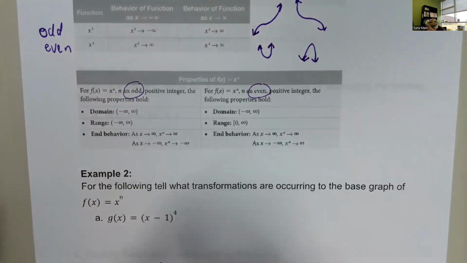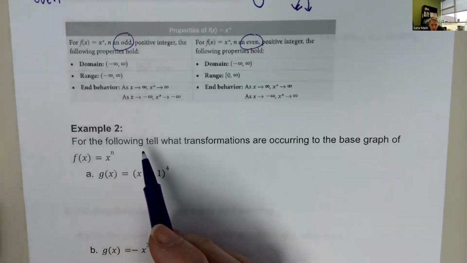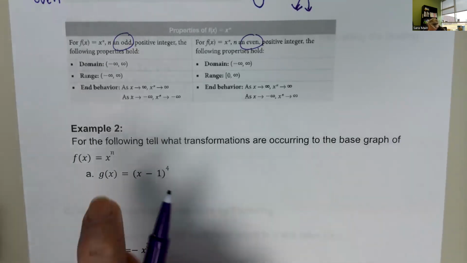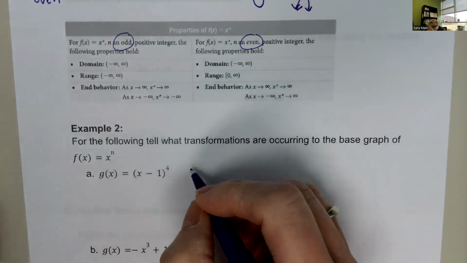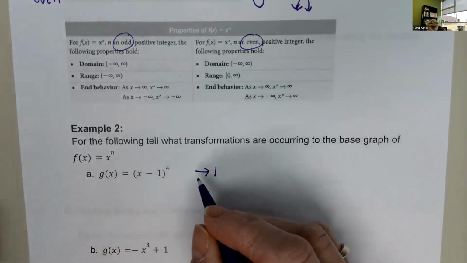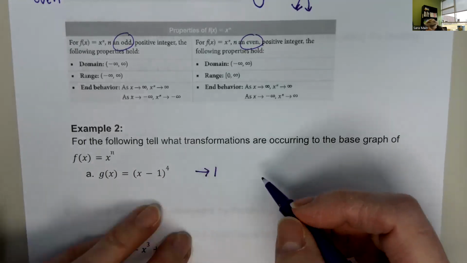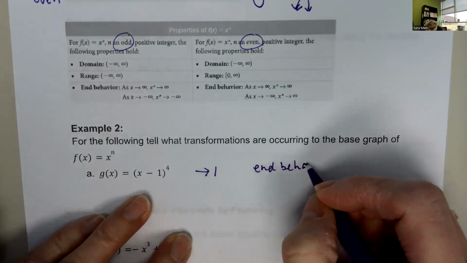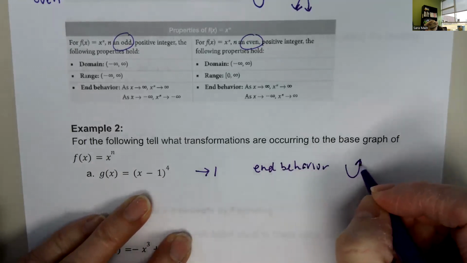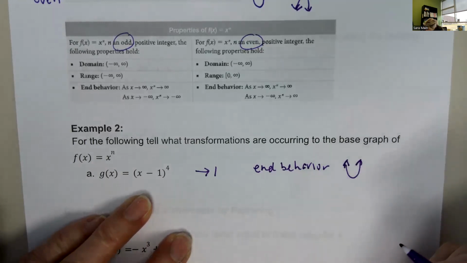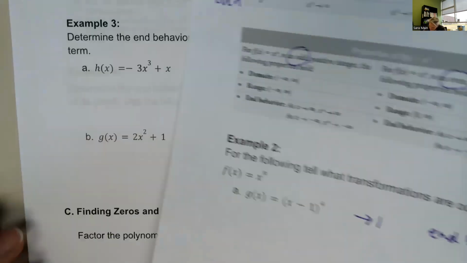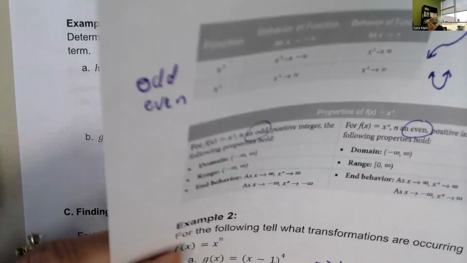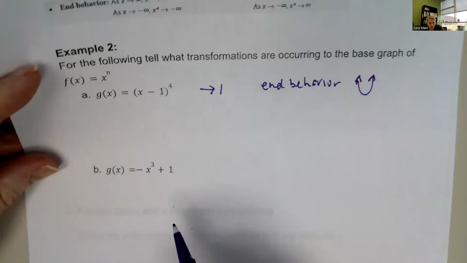So on example 2, it says, find the following, tell what transformations are occurring to the base graph of x to the n. So because subtracting 1 is on the inside, we're shifted to the right 1. And our end behavior are going to be both face up. And also I want to show you, we'll do that again later on.